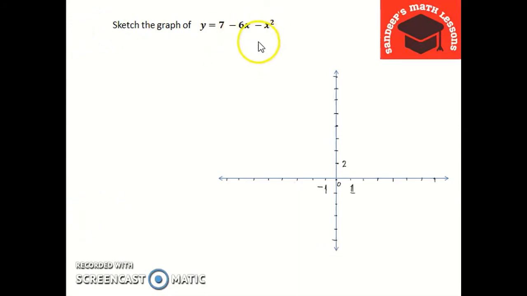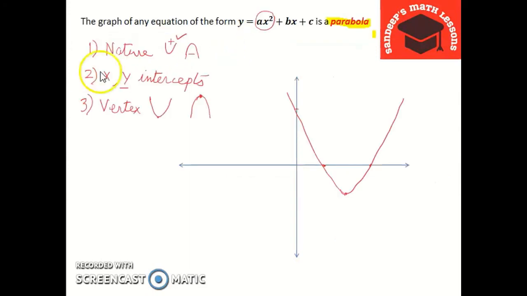Now, in this equation, I need to arrange the equation first. Let us first write the x squared term, then the x term, and then the constant term. Notice that the x squared term is negative. So if I remind you again, when it is negative, it is a sad face.